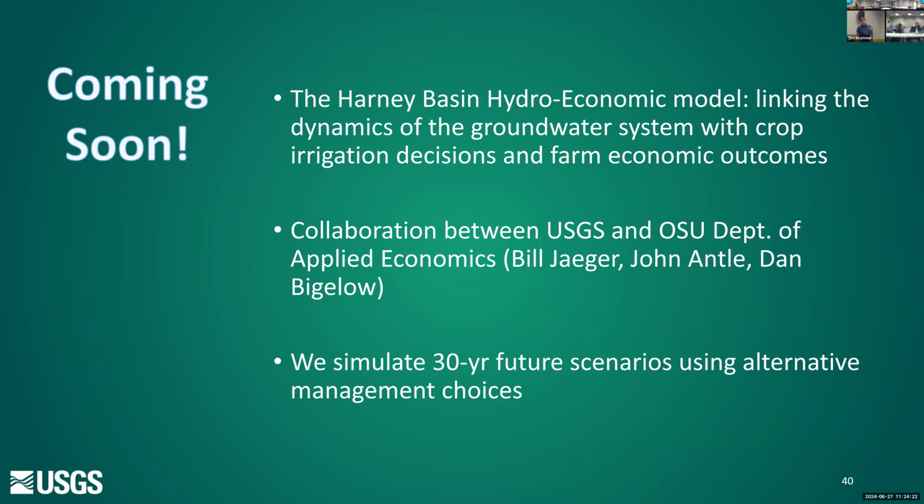We've got one more thing that we're working on, a partnership with someone from Oregon State. Some of you guys talked to Bill Yeager and others in the economic department, and they've developed a somewhat complex economic model of irrigation, water use and pumping, and we've coupled that with our model. So we ran 30-year scenarios into the future that iterated between the model and the economic model.